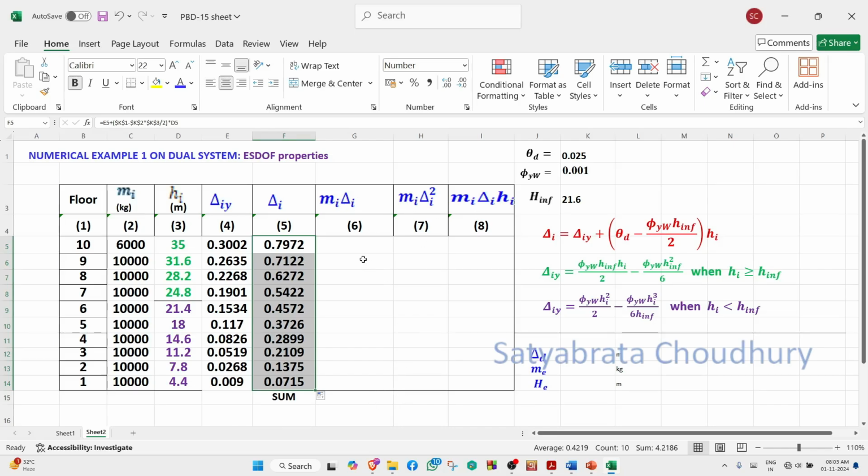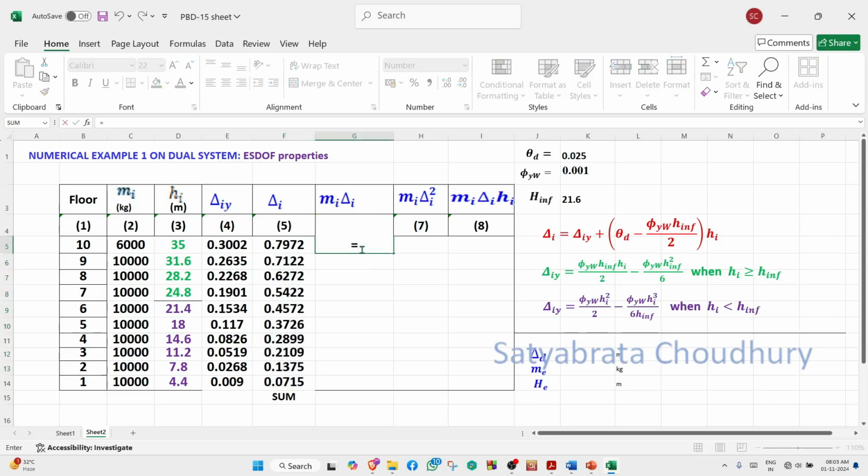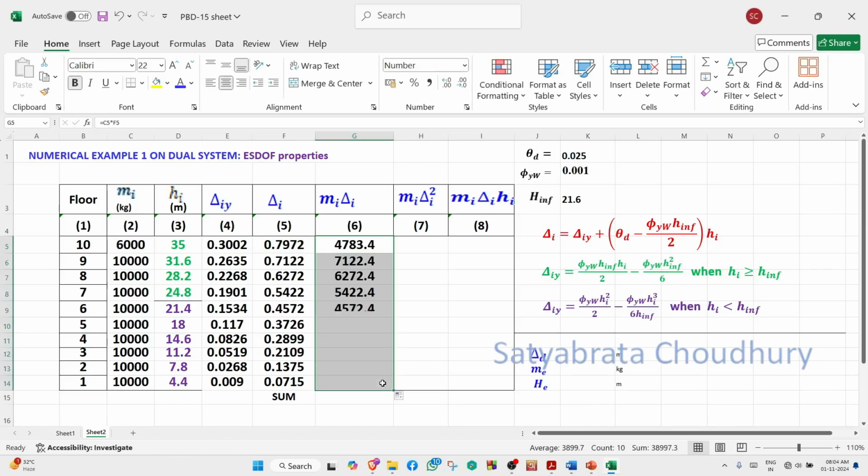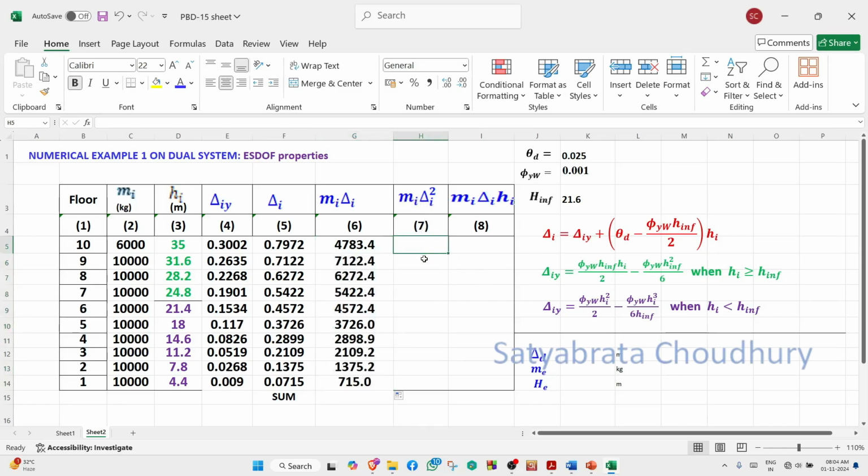Now multiplication etc. is very easy. Equal to mass into delta I, and then again multiply by delta I to get mi delta I square.